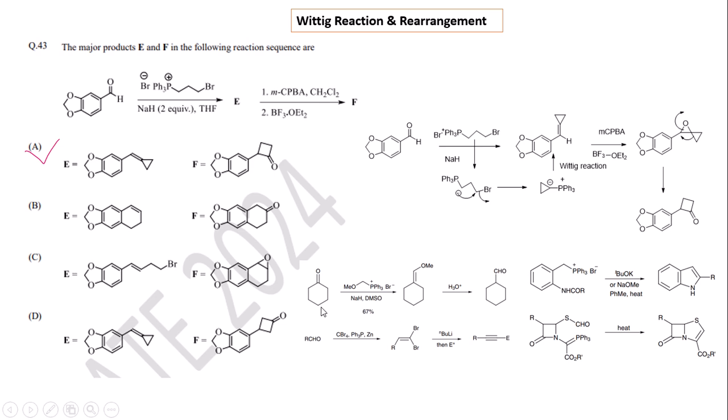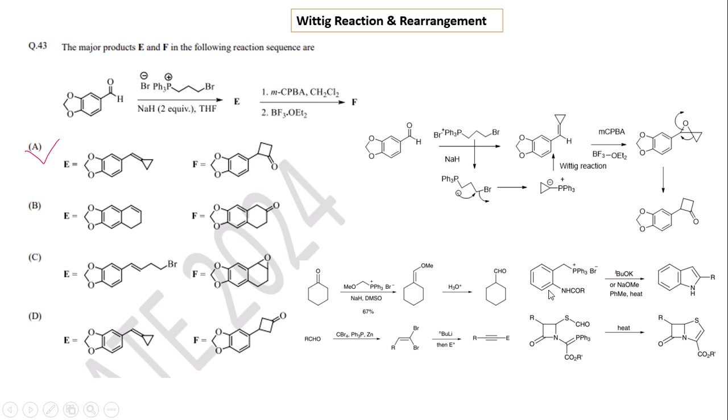A similar problem is given from the Carruthers group, where cyclohexanone is treated with the methoxymethyl triphenylphosphonium ylide, which produces the vinyl ether, which can hydrolyze in the presence of H3O+, which gives the aldehyde compound. This is the method for the homologation of the carbonyl to the aldehyde group.